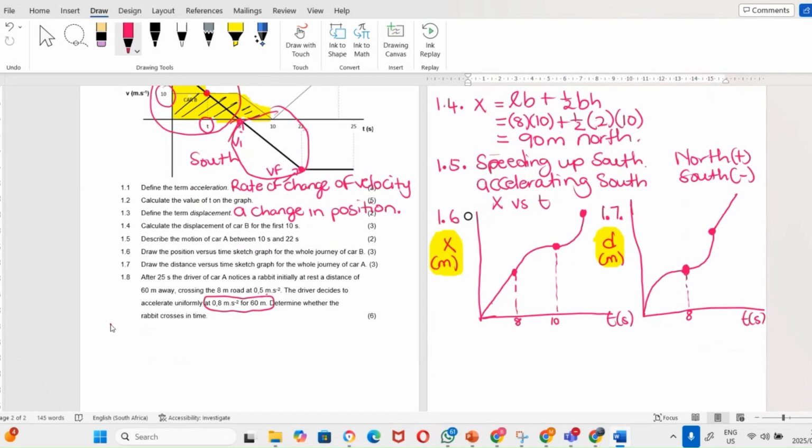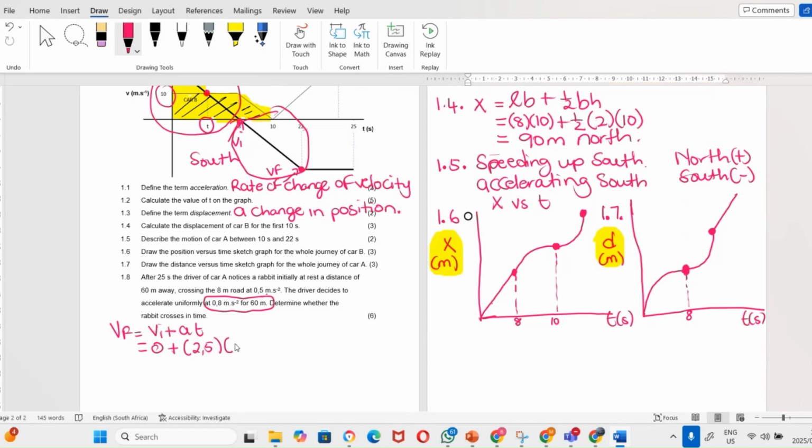All right, so we could find that final velocity there at 22 seconds, which is the same as the velocity at 25 seconds. So VF is equal to VI plus AT. The initial velocity is 0 plus the acceleration. Now the acceleration is obviously your 2.5, which we calculated earlier on, and I'm substituting it as positive because the object is speeding up.